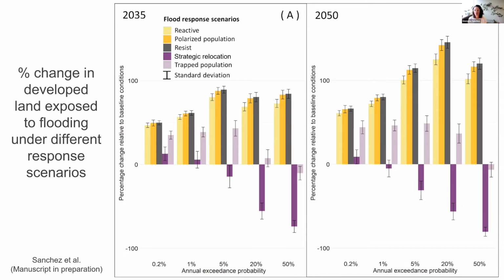Basically, the strategic relocation scenario is the only one that would result in lower exposure compared to today's estimates. And the exact opposite effect was found for the resist scenario, where we see a greater flood risk as climate changes and the urban footprint expands. Here, the power truly lies in our ability to compare between these scenarios and other alternative scenarios and really evaluate competing needs from natural resource managers and urban planning perspectives.